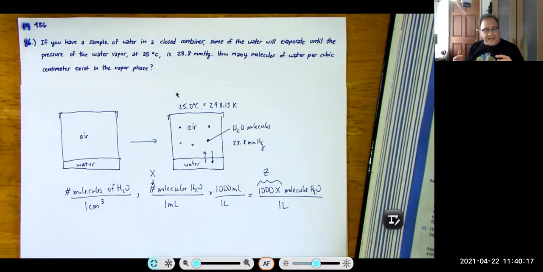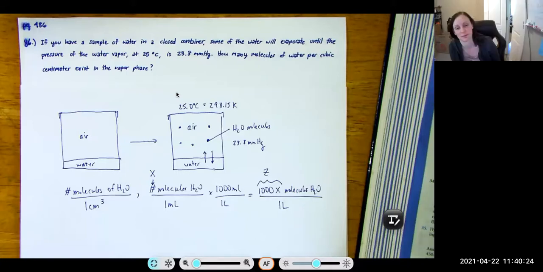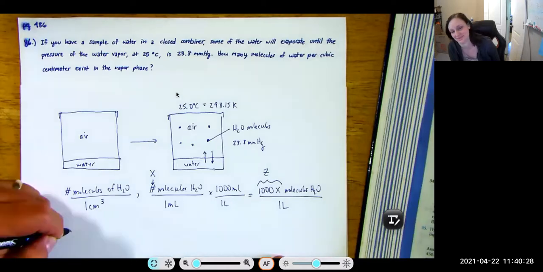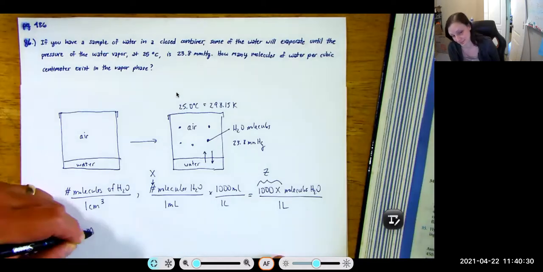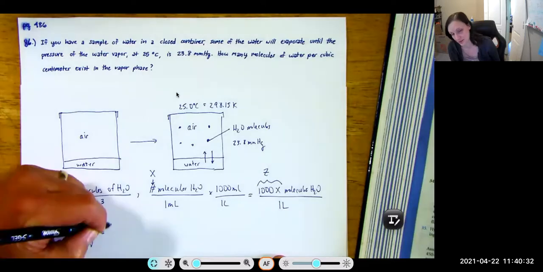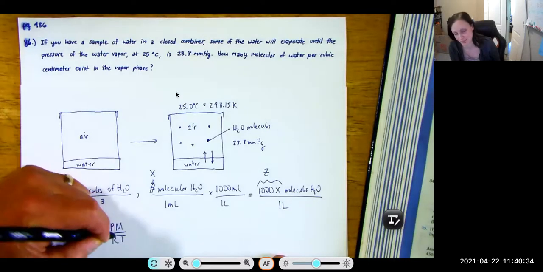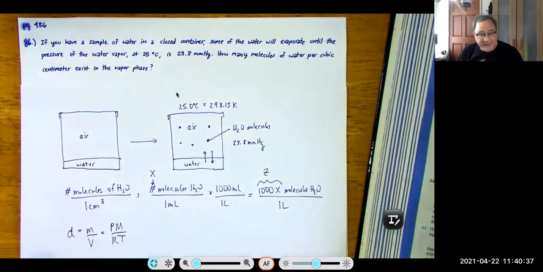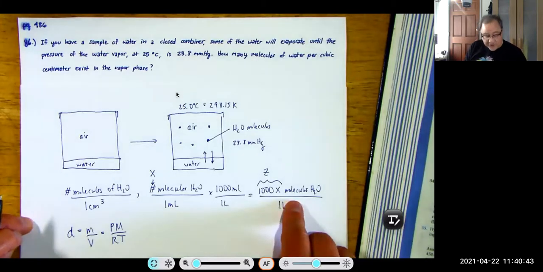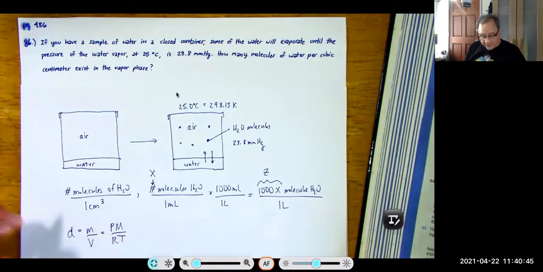So think about gases, something per liter. I don't know. Density? Density is per liter, isn't it? Yeah. But it's not molecules per liter, or moles per liter, it's grams per liter.